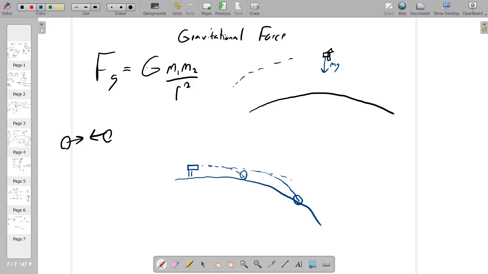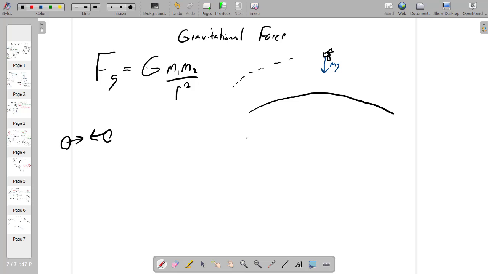But let's say you go super fast to where it falls at the same curvature as Earth, then it will just keep going around and it would come right back. And if you're the one who fired it, it would hit you and you would die. That is why a satellite only has gravitational force, and the gravity is causing it to curve around.